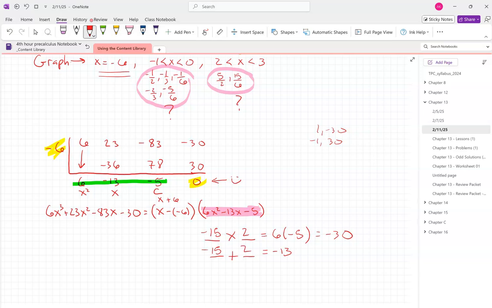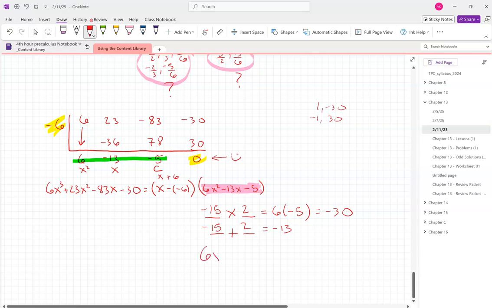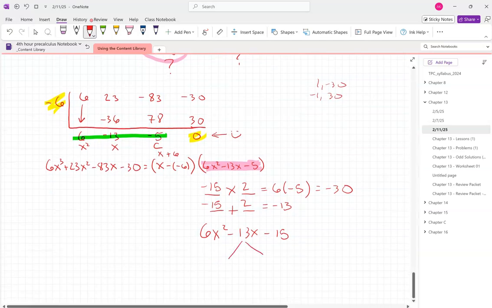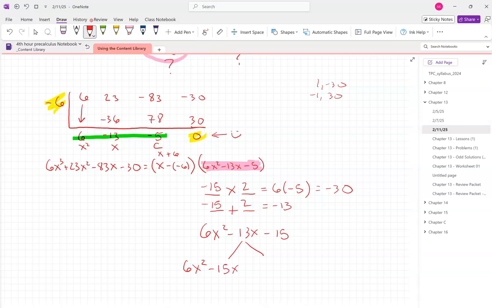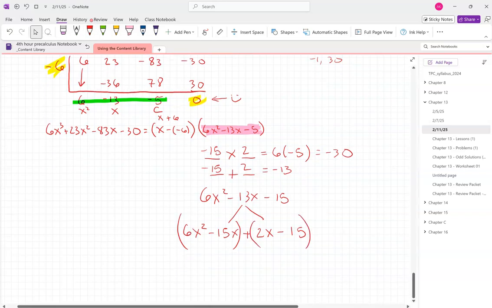itself relatively quickly. Now remember, that doesn't tell you how to factor this immediately, since the leading coefficient is not 1. But what it does do is tell you how to break that middle term into -15x plus 2x, so that we can factor by grouping.